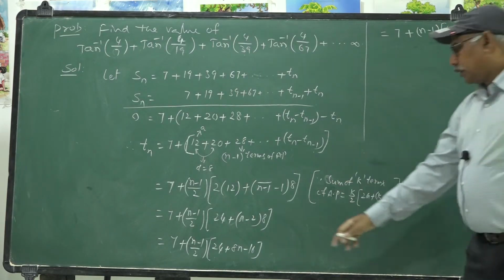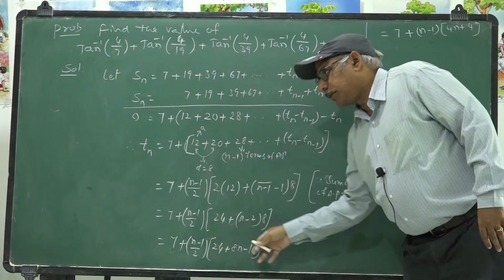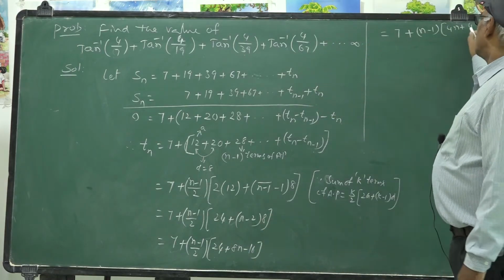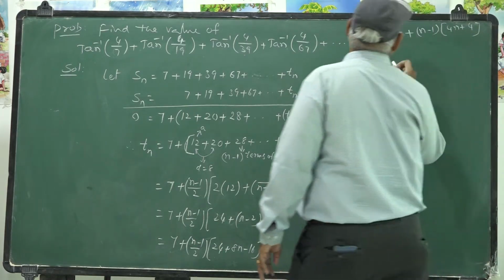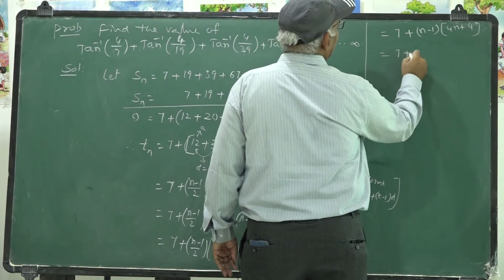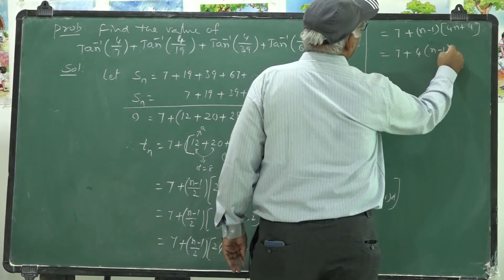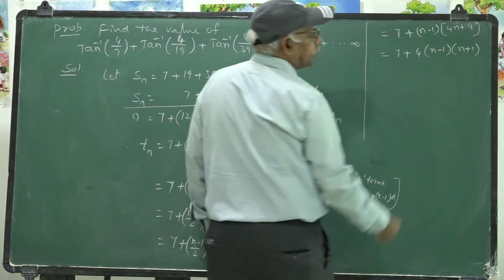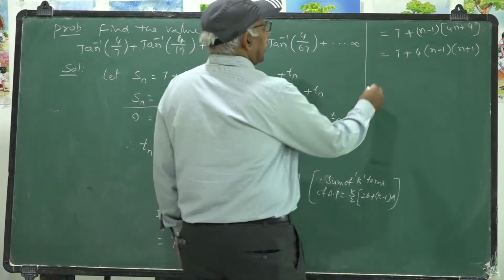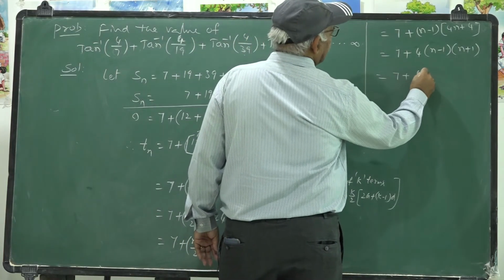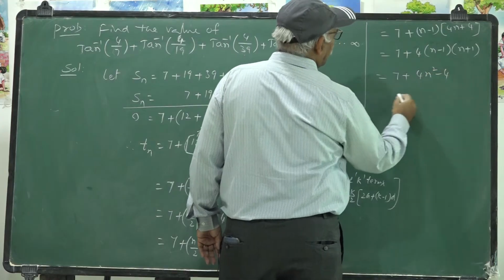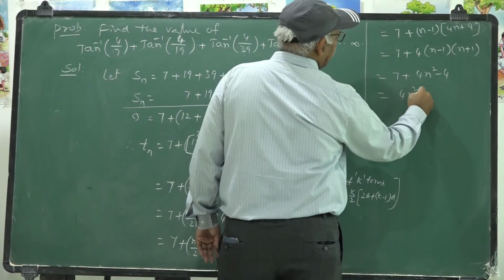Taking 4 as common, we get 4 into n minus 1 into n plus 1. So we get 4 plus 4n square minus 4, which is 4n square plus 3.